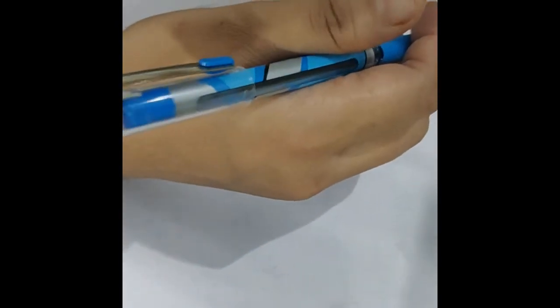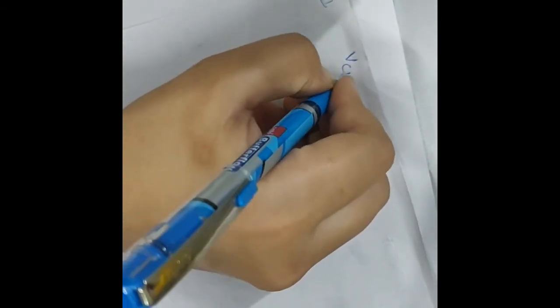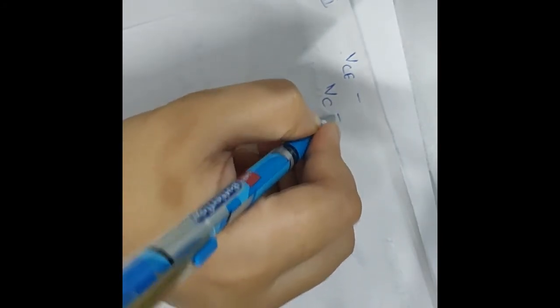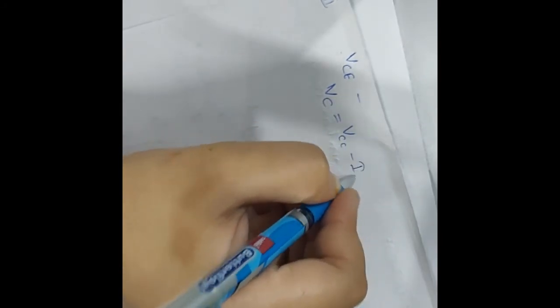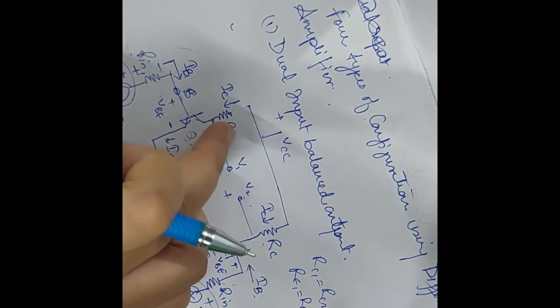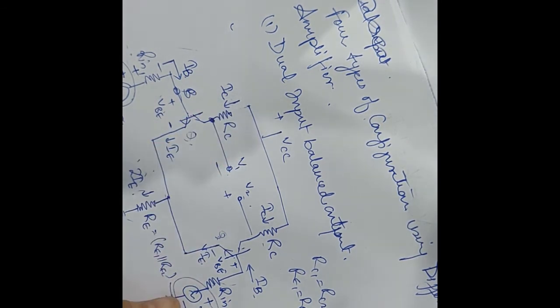Now we need the second step. We have measured IE, the emitter current. Second, we need to measure the voltage between the collector and emitter. The collector voltage VC is nothing but VCC minus RC IC, as you can see at the collector section.